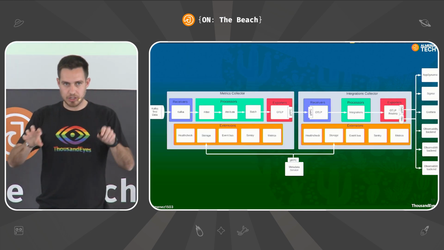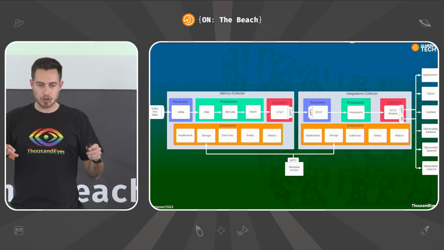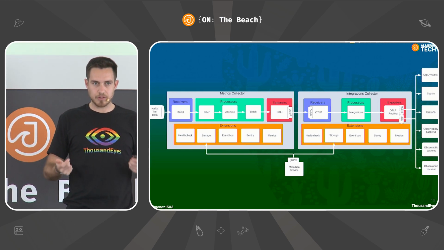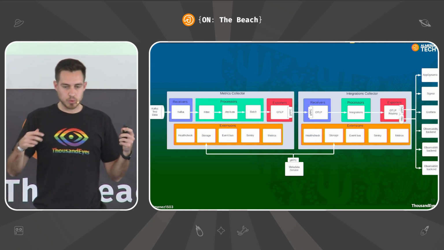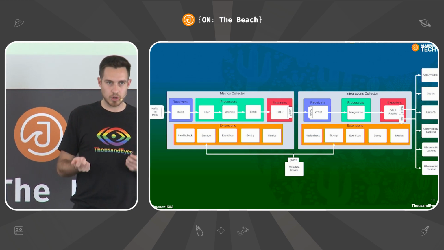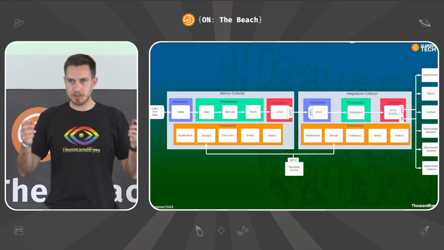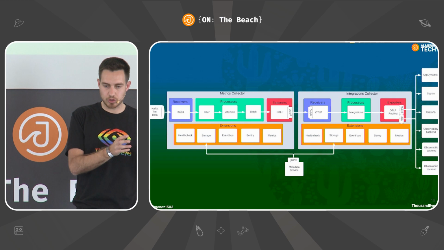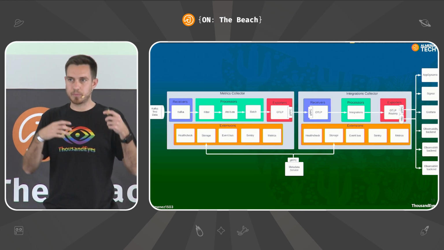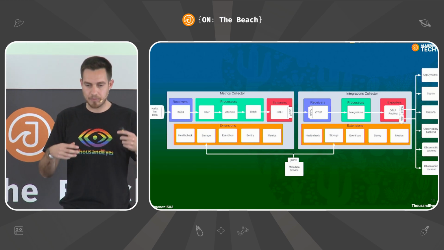Now let's zoom into that architecture and go component by component inside of those collectors. You might already be thinking, why do we have two collectors instead of just one? The reason is the domain model. Each collector is for a domain. We have the metric collector, which is for processing the metrics.